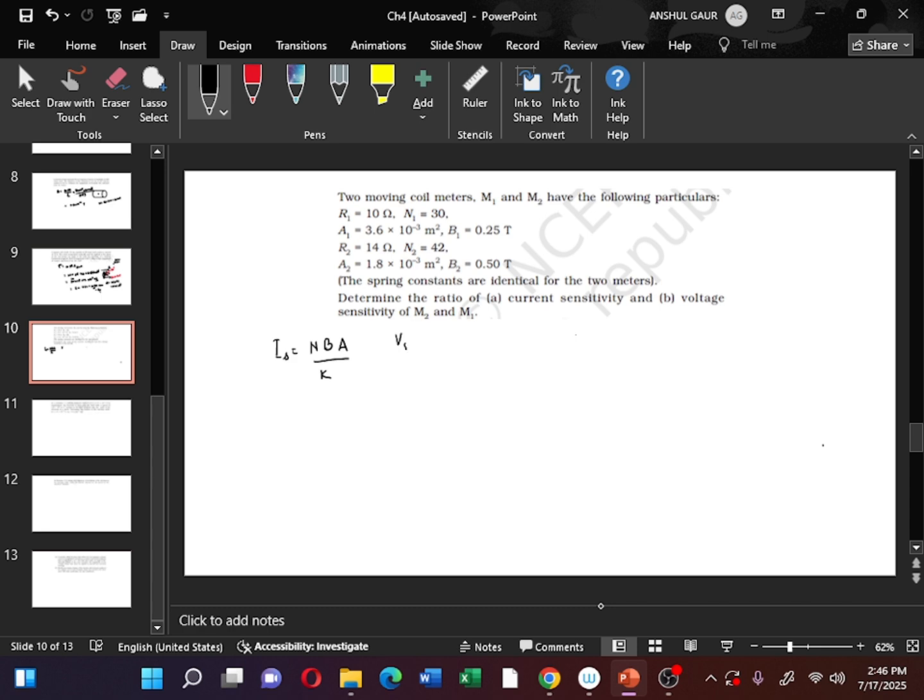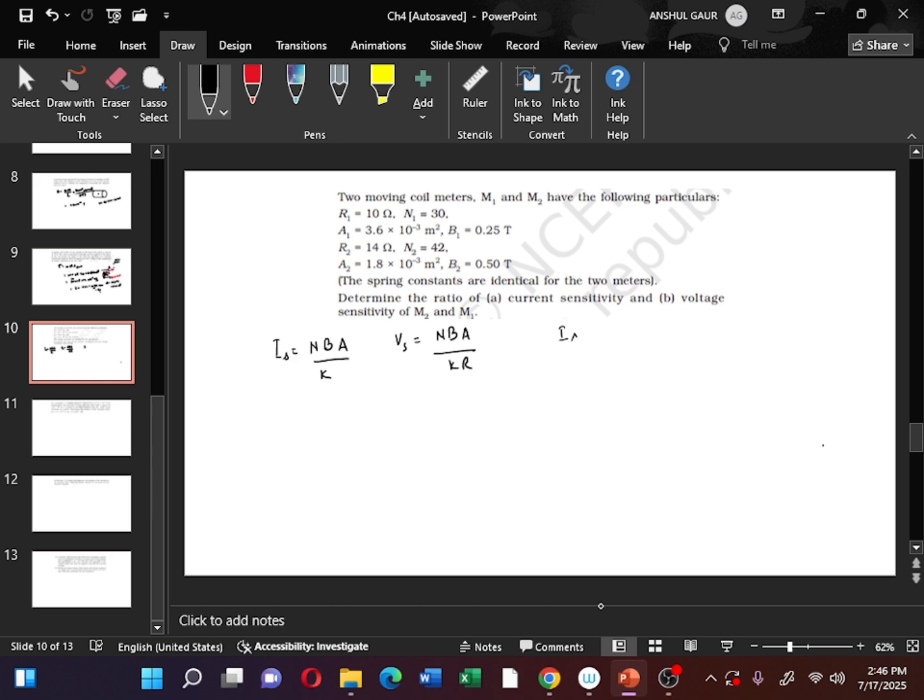And the voltage sensitivity Vs is given by the deflection per voltage, which is NBA upon Kr. So these are the two formulas. Current sensitivity is deflection per unit current, and voltage sensitivity is deflection per unit voltage. Current sensitivity is NBA upon K and voltage sensitivity is NBA upon Kr, where R is the resistance.